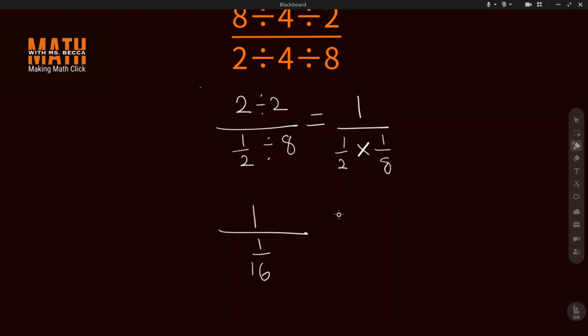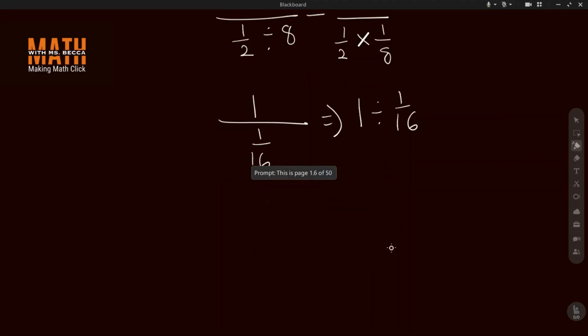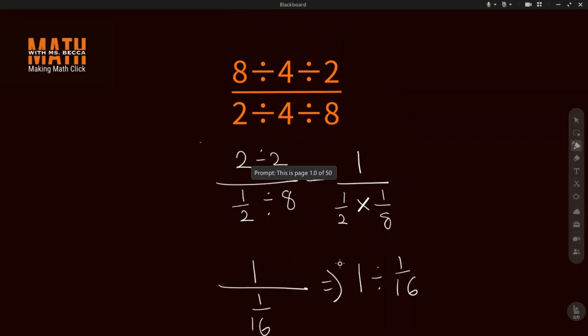So now this is the same thing as having 1 divided by 1 over 16. Now let's turn the division into multiplication, so that we'll be having 1 times 16 over 1, and that will be equal to 16. So the answer to this question will be 16.